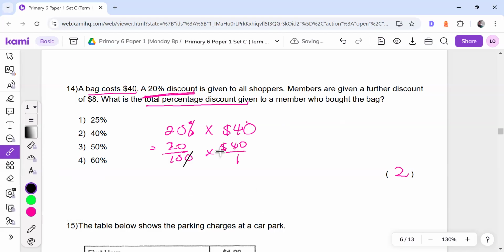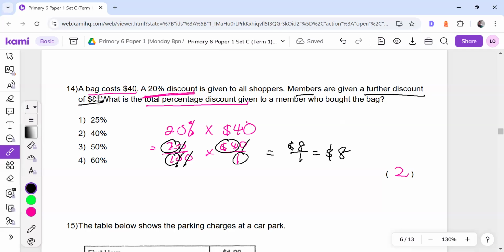So cancel the zeros, shortcut. And then you have 2 times 4, you will get 8. And then 1 times 1, you get 1. So how much is the 20% discount? $8. Okay, members are given a further discount of $8 also.